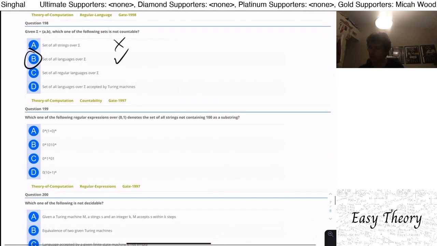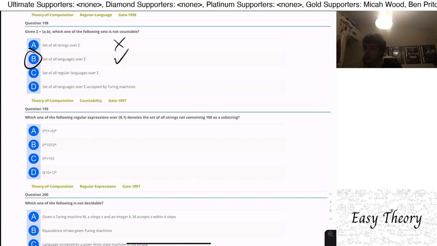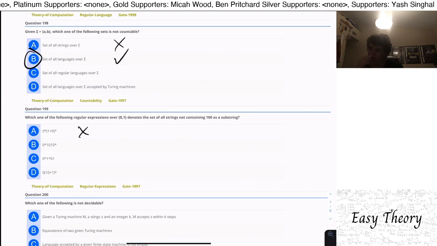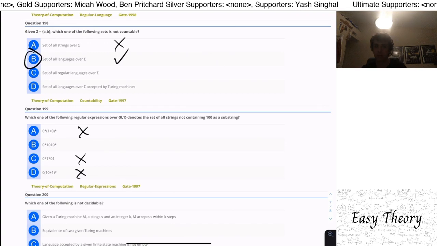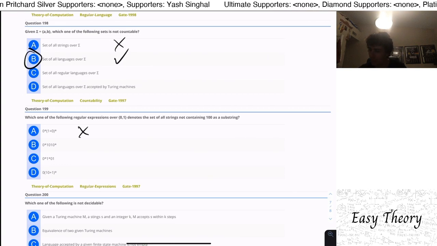Which of the following regular expressions denotes the set of all strings not containing 1, 0, 0 as a substring? It's not A, because you can just go around the star as many times as you want. It's not D either. C can get it, so I think it's B. Oh, I'm thinking 101. Oops. Oh, I'm a dummy, 1, 0, 0.